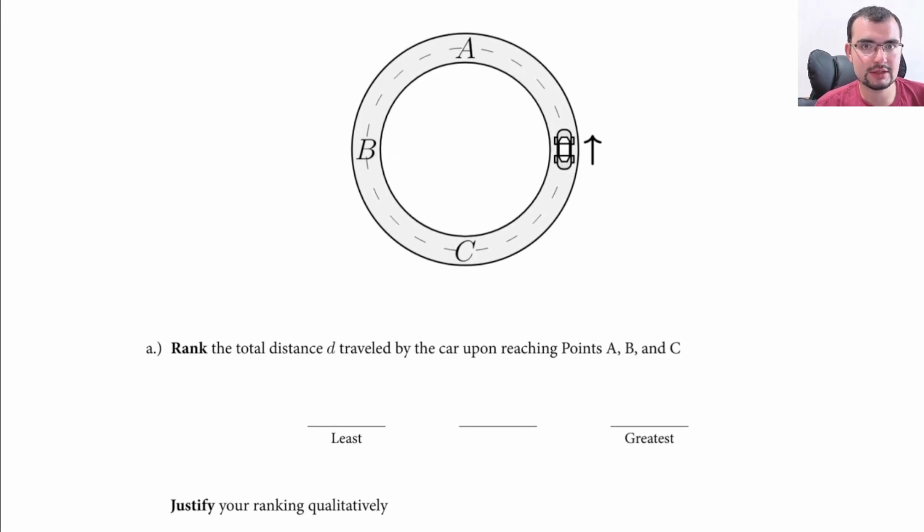Well, distance is the step counter. The odometer is probably a better word for it for the car. So if you just start keeping track of your distance, the car is obviously going to keep gaining distance, gaining distance, gaining distance. Distance can't cancel. Distance is a scalar. So the step counter is just strictly increasing.